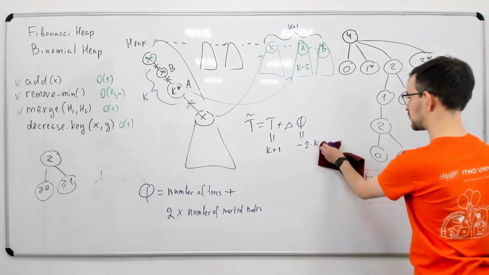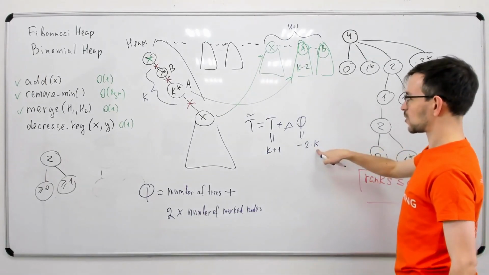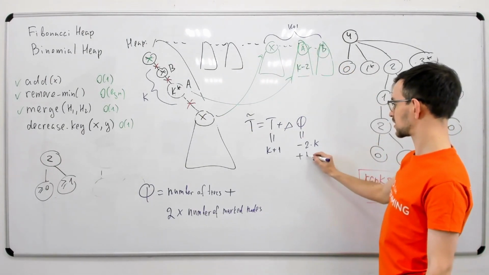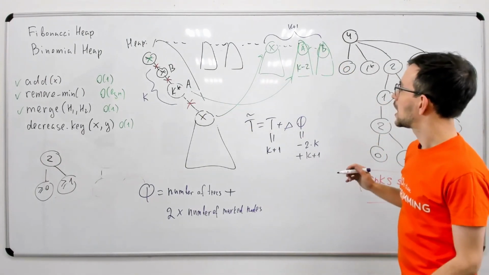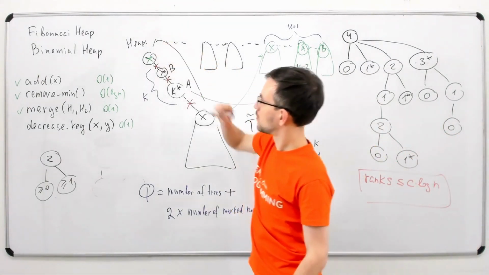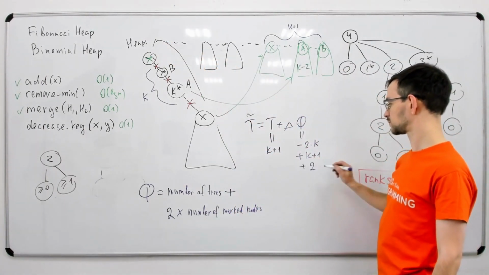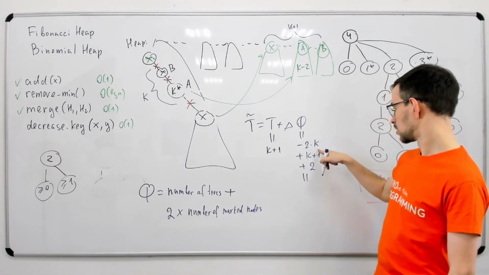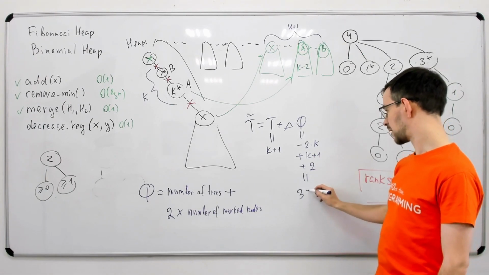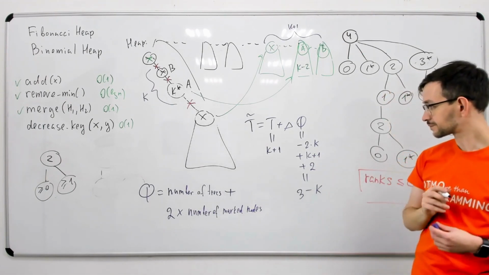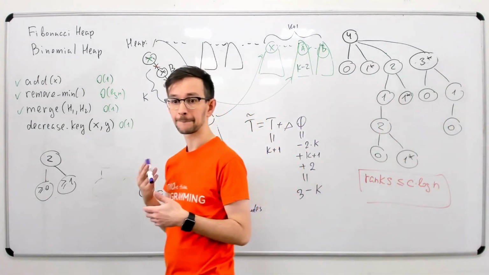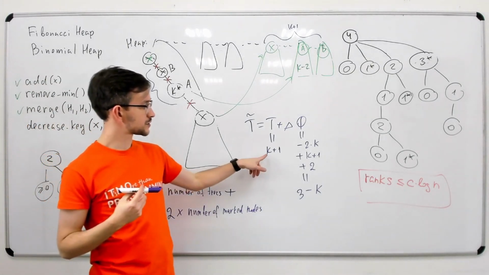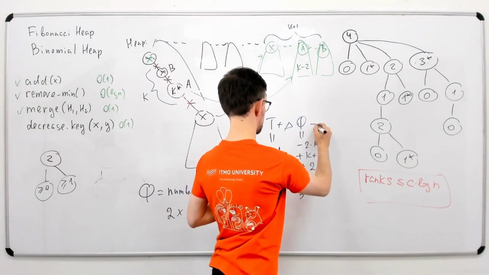I also add one more mark here, so it's plus 2. So the total change of potential is minus k plus 3, that is, minus k. Now we just add this and this and see here.